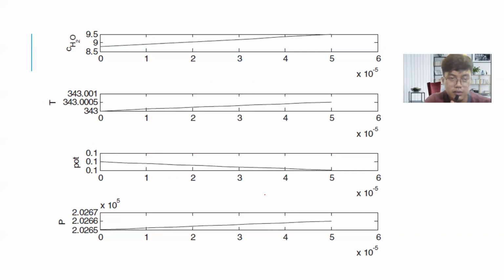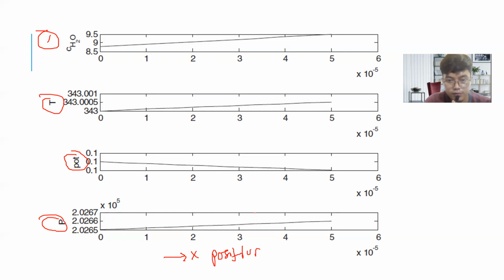So the final result is as below. The calculation uses MATLAB programming. The first graph is for the concentration of water, the second is for temperature, the third is for potential, and the last one is for the distribution of pressure, in the x direction as a function of position.